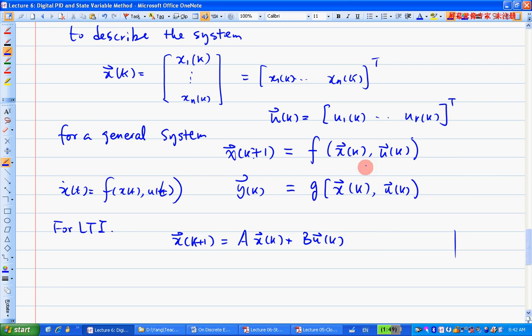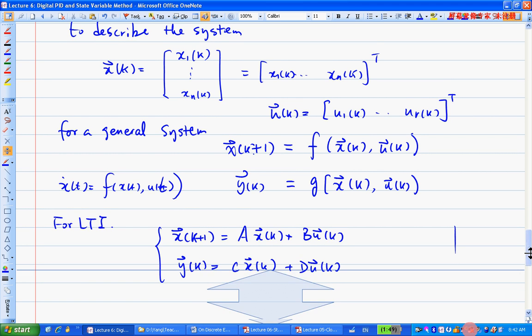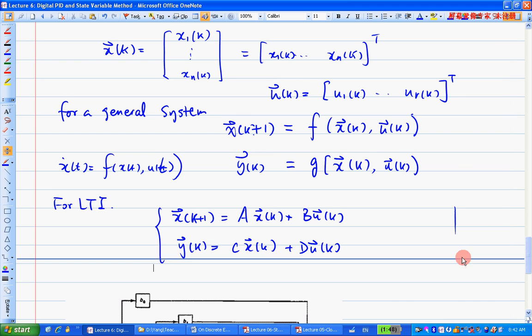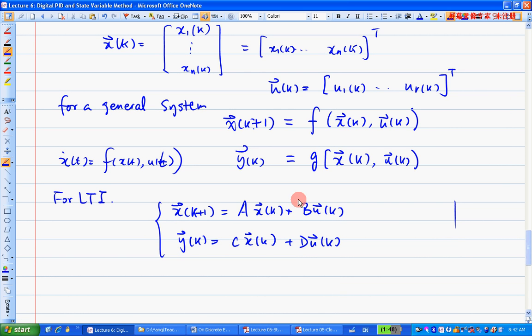This is the corresponding part of the general form, so now you have a specific expression, still a function of x and u. And your y is C x of k plus D u of k.